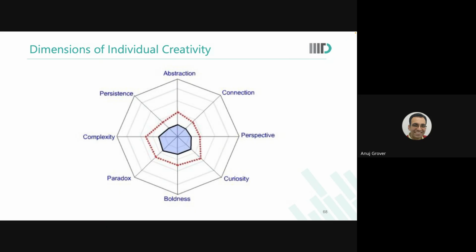Changing the frames, changing how would a different person or a different use case use the same resource. If this problem was faced by this person, suppose महात्मा गांधी को हमने ये प्रॉब्लम बताई होती तो वो उसको कैसे सॉल्व करते? अल्बर्ट आइंस्टाइन को बताई होती तो वो उसे कैसे सॉल्व करते? So perspectives. To be able to think of it from different perspectives.